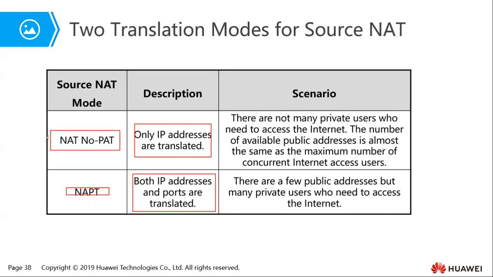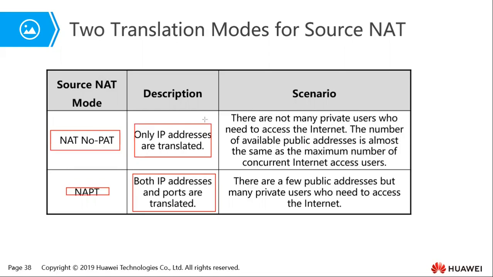So when is this one used? No-PAT is used when there are not many private users who need to access the internet, so the number of available public addresses is almost the same as the maximum number of concurrent internet access users.